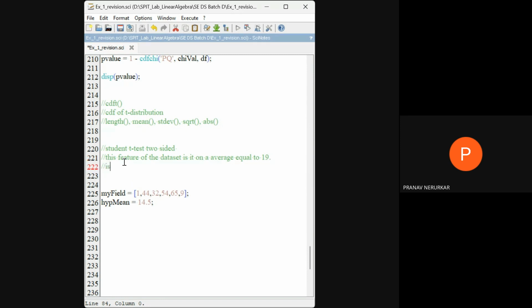Or is the average age of the population equal to 21? Such kinds of questions require you to use the t-test, where you have to prove that the average is equal to or different from the hypothetical average.